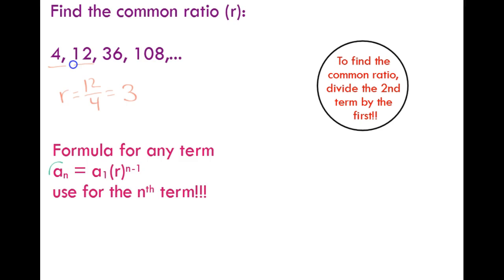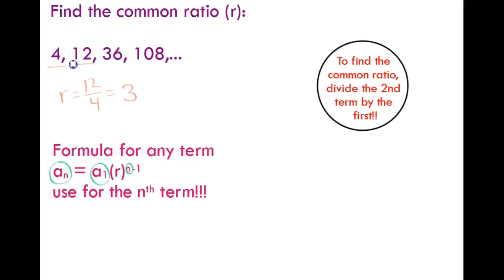A of n means the nth term, and A of 1 means the first term. R is that common ratio we just found. N is the term number. These are the things that usually get people in the beginning when they haven't really figured out all the terminology yet, but we'll be careful with how we say these things as we go through the examples.